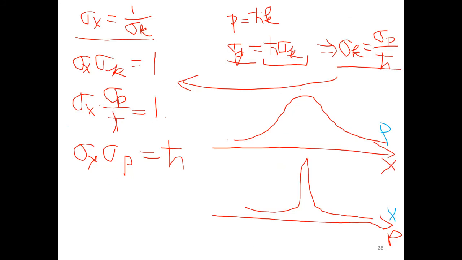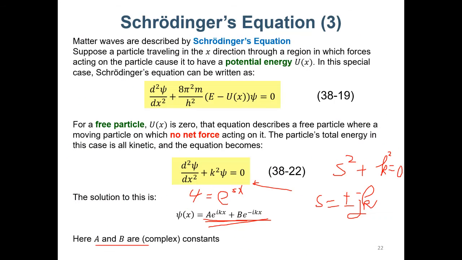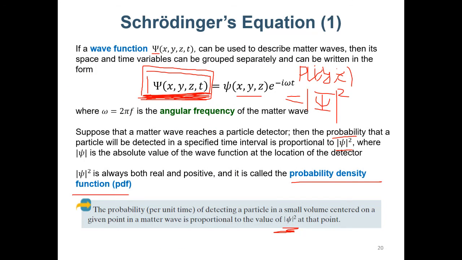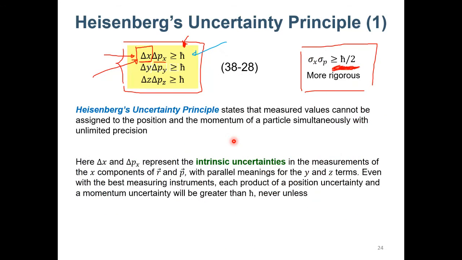And actually you should remember that this term, the absolute square of the wave function, is the probability density of the particle, I mean, the probability density function of the particle.